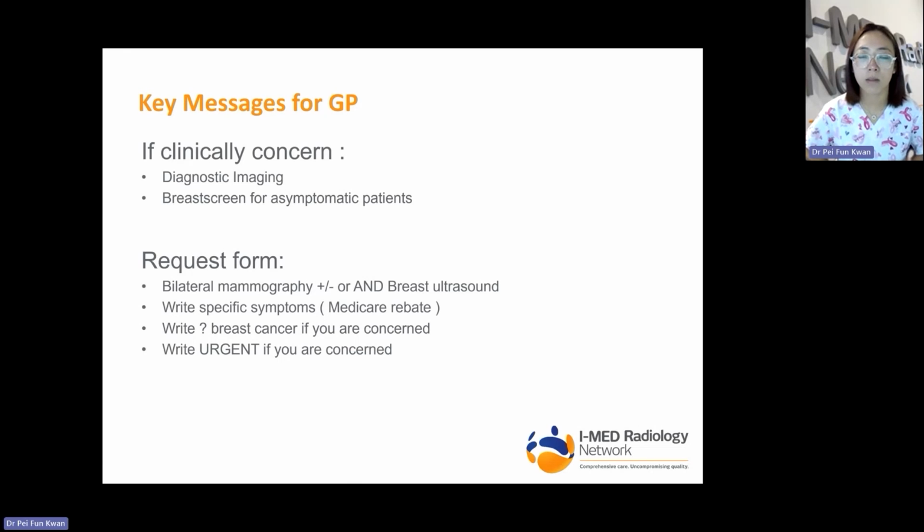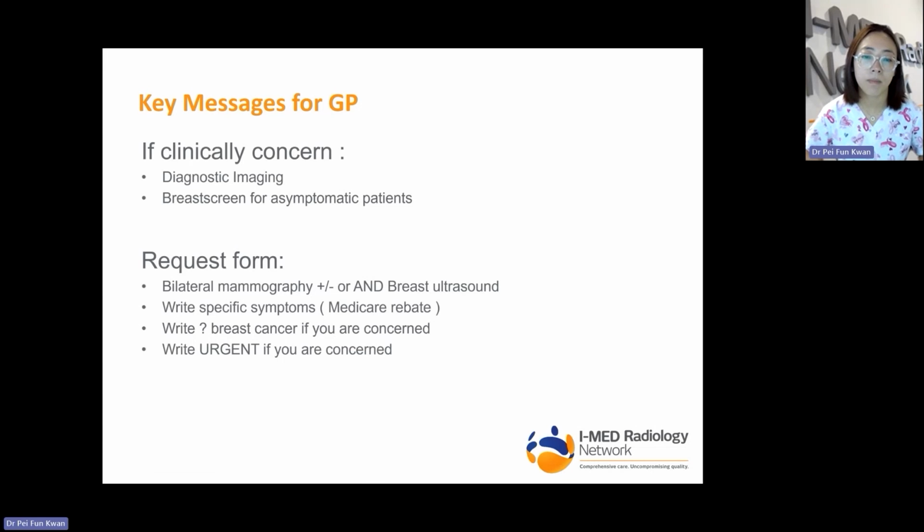Don't send them to breast screen, because there's many weeks of waiting, and it means delayed diagnosis. On your request form, please write bilateral mammography. You can write tomosynthesis if you like, but in the diagnostic setting, it's always done. The 3D tomosynthesis is almost always done together.